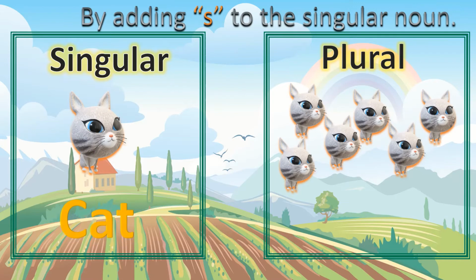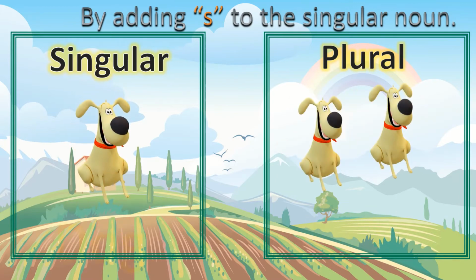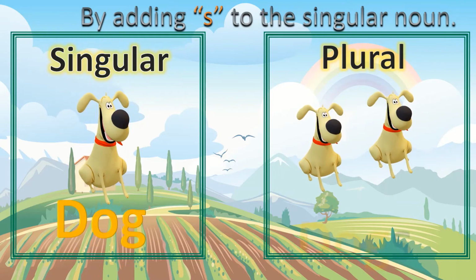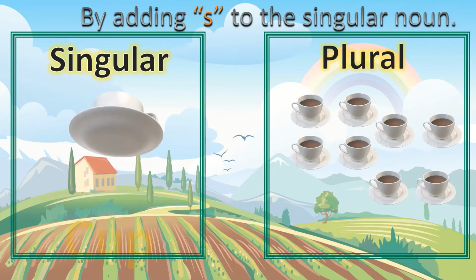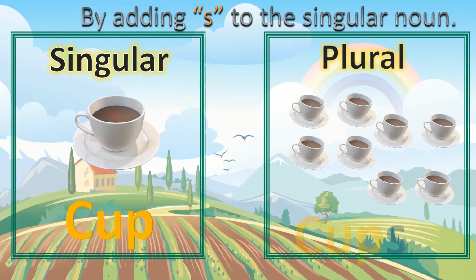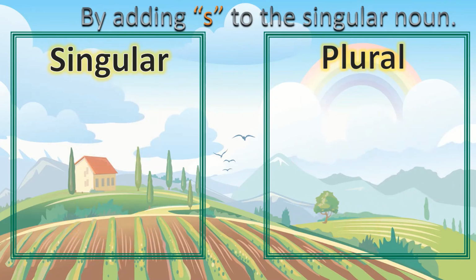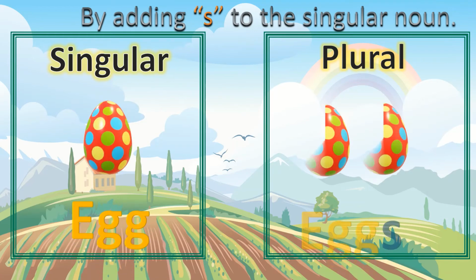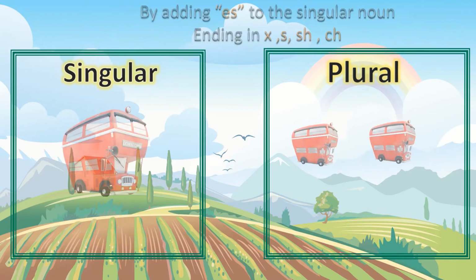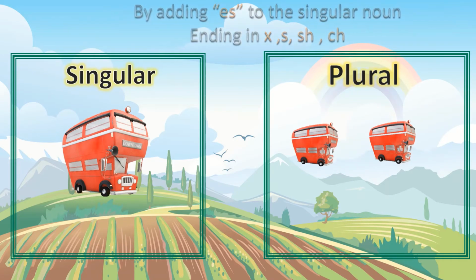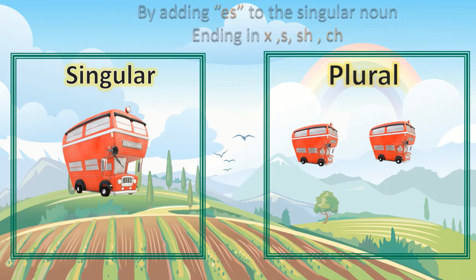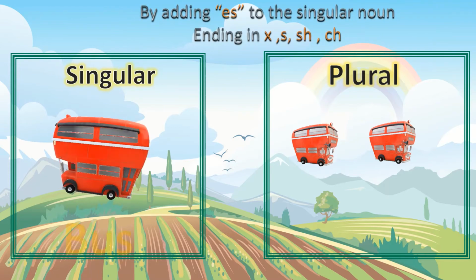Cat, cats. Dog, dogs. Cup, cups. Egg, eggs. Second way is by adding es to the singular noun ending in x, s, sh and ch.